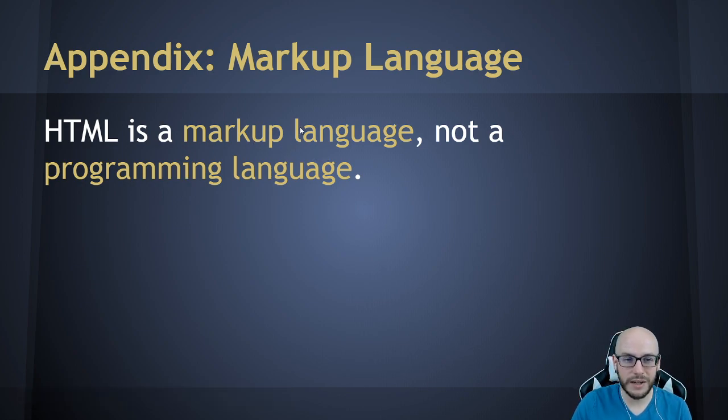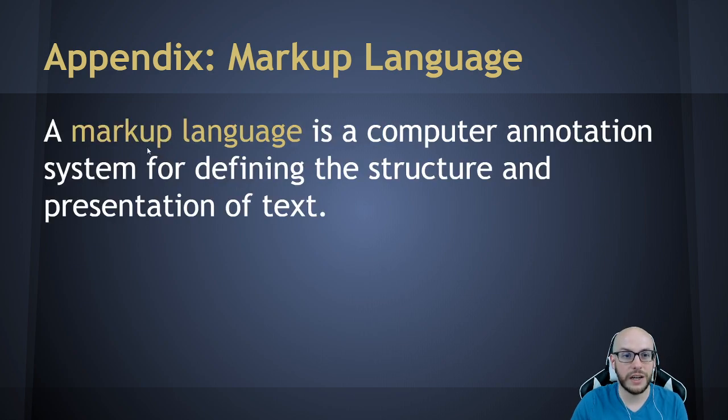So this is kind of a peeve. It's one of those things that people will put on their resume, listing out the programming languages they know. Well, I know Java and C++ and HTML. If you really knew what you were doing, you wouldn't put HTML there, because HTML is a markup language, not a programming language. Now, the difference is a markup language is just annotating the text.